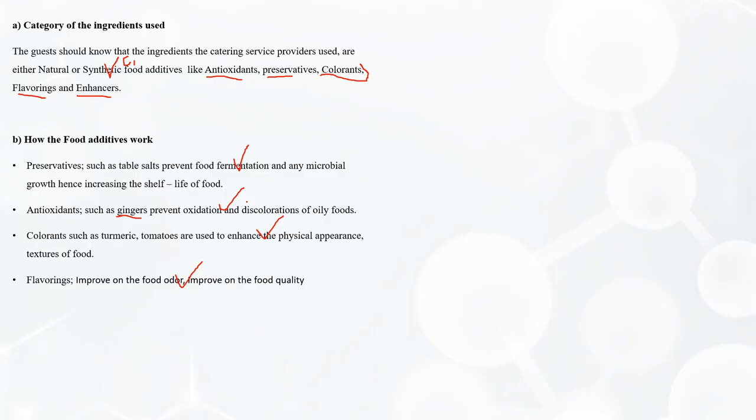We are getting all these from our picture and the scenario. The scenario is talking about good aroma and taste. The picture is showing antioxidants like ginger. It is showing some tomatoes which are good colorants, and other flavorings. So which means we can have our responses very correct.